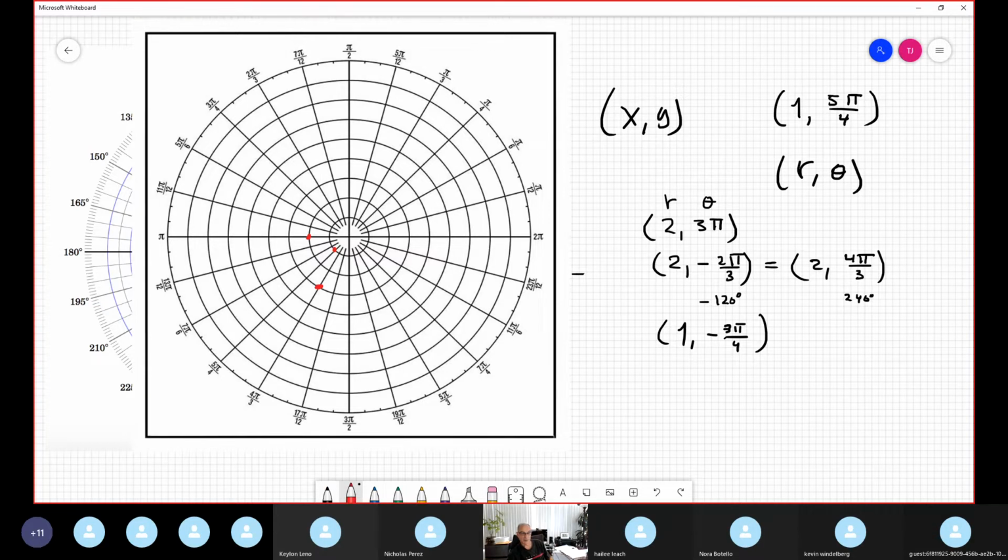And negative 3 pi over 4 is equivalent to, say, 5 pi over 4. It's the same point here, right? Look, it's a coincidence. This is equivalent to, say, 1 comma 5 pi over 4, no? Okay, this is negative 135 degrees. And this is 225 degrees, no? Yeah.